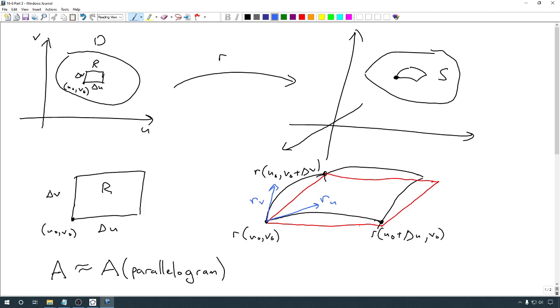They're not the same as our actual vectors to these other corners of our parallelogram, but the lengths of these are going to be very similar to the length of this vector once we multiply them by delta u and delta v. And while I've drawn the angle here pretty far off, the smaller the rectangle is, the closer these will get. And so that's why our approximation will work here.